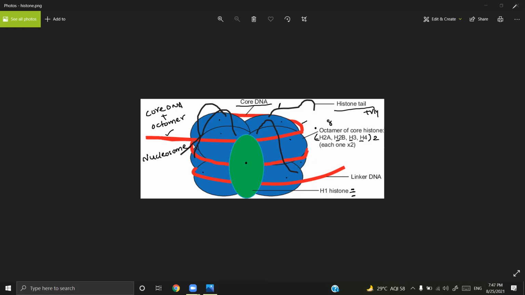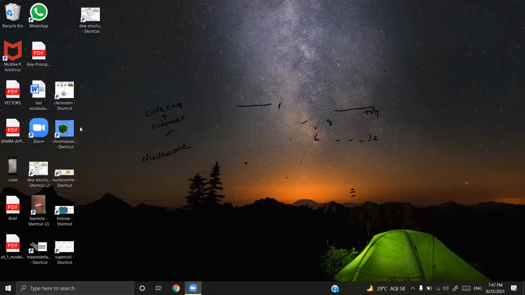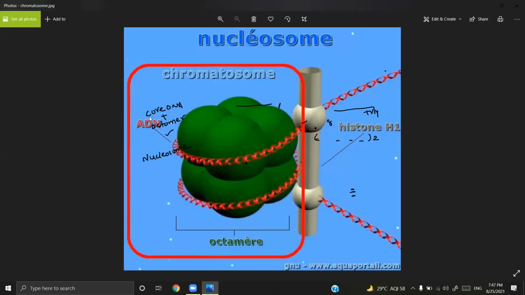Okay, now let me come and show you this particular structure. You can see that these green colored ball-like structures are the histone proteins.